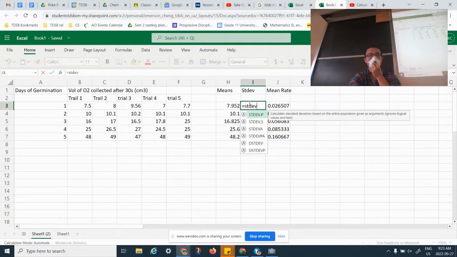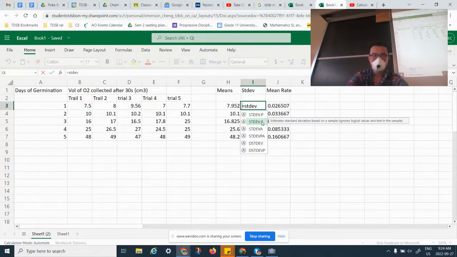Now you notice there are a couple of different versions of standard deviation. You will probably use this one, STDEV.S. It means estimate standard deviation based on the sample, ignores logical values and text in the sample. So you choose this one instead.